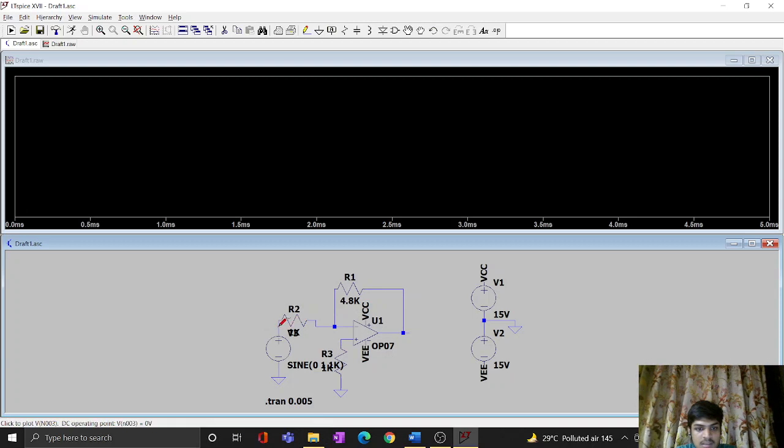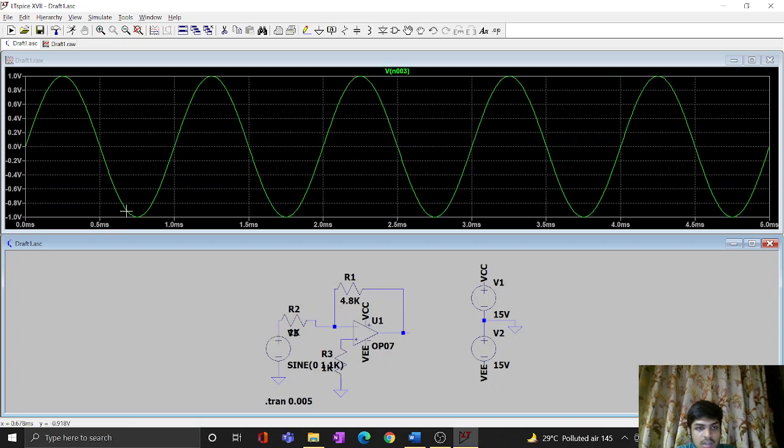I'll place the scope first in the voltage to see how the input is. As we can see, it's 1 volt in the peak and 2 volt peak to peak.